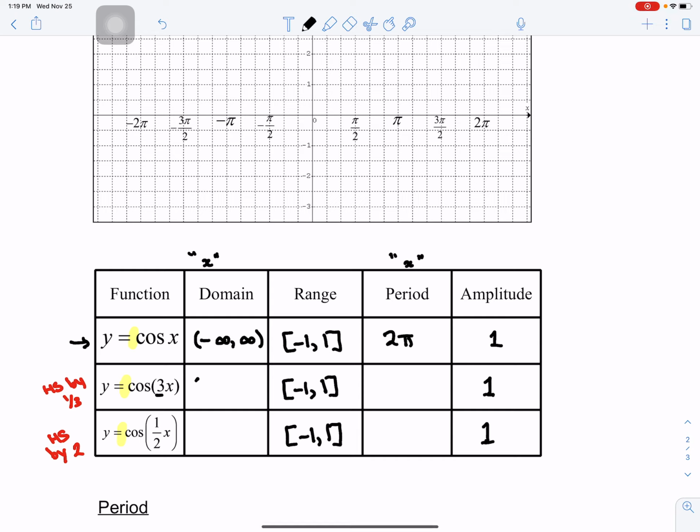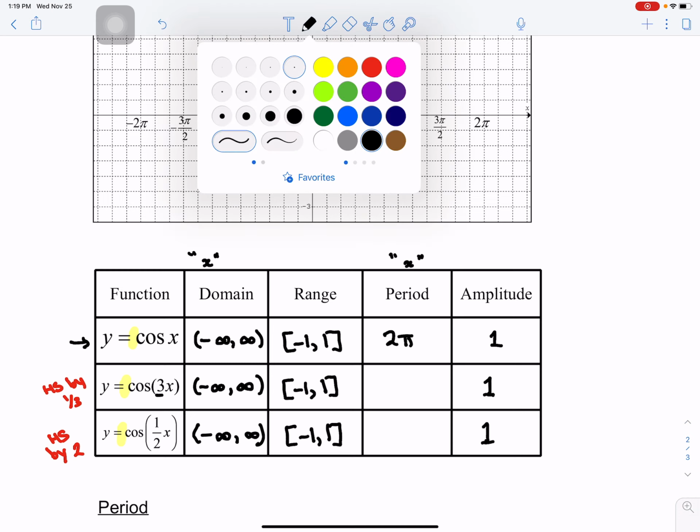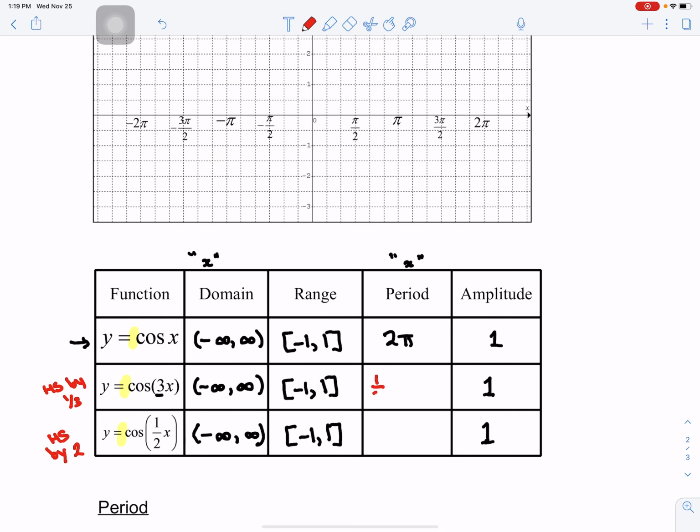Now, when I have an infinite domain, multiplying by anything is not going to change that. My domain is still going to be from minus infinity to infinity. If I do a horizontal stretch by 1/3, my period gets multiplied by 1/3. So my new period is 2 pi over 3.